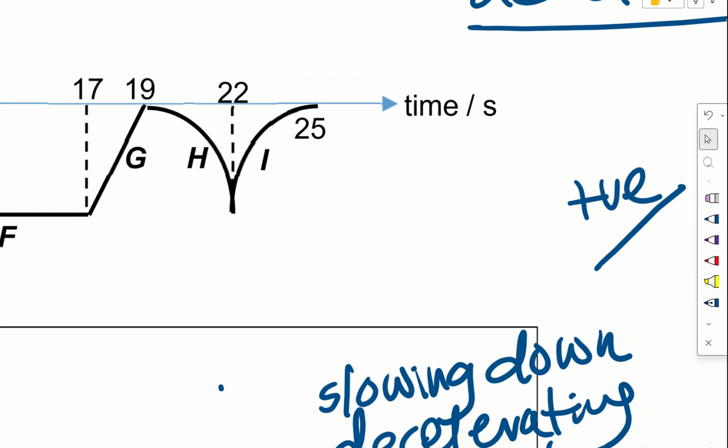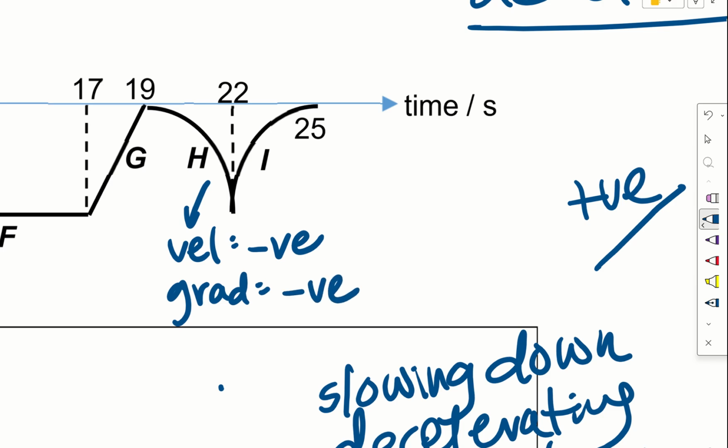And being below the x-axis means the velocity is negative. And the gradient, which represents the acceleration, is also negative. So take note that both have the same sign.